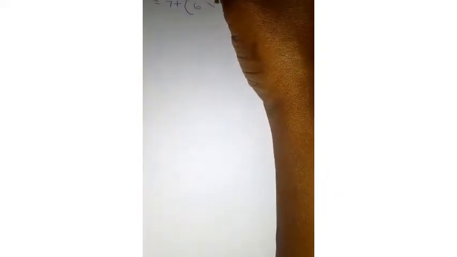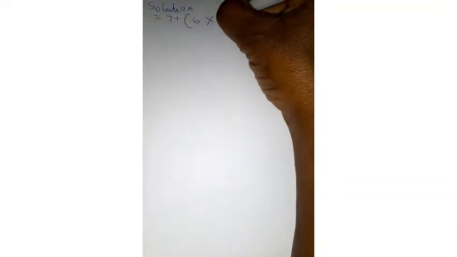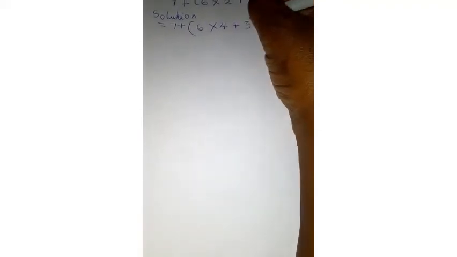Okay, this is how you solve it. What did we say? First solve everything in the brackets, right? So the first part we just write as is, but in the brackets we start with the indices, 2 to the power of 2, which is 4, so it becomes 6 times 4 plus 3.